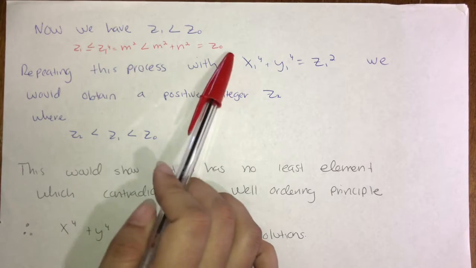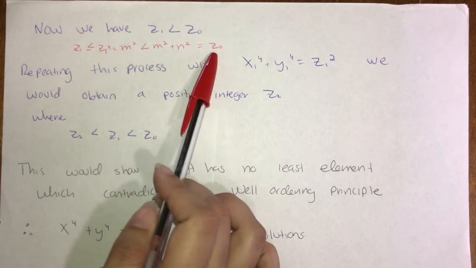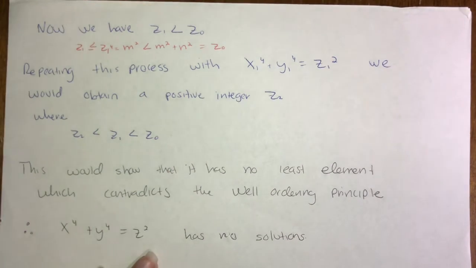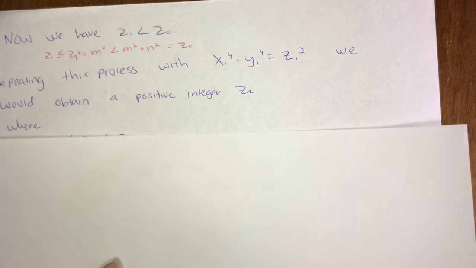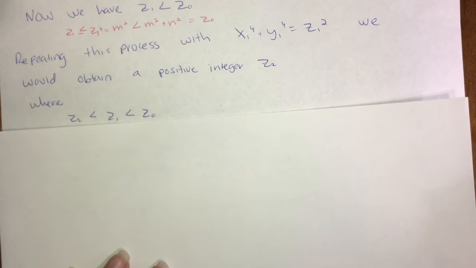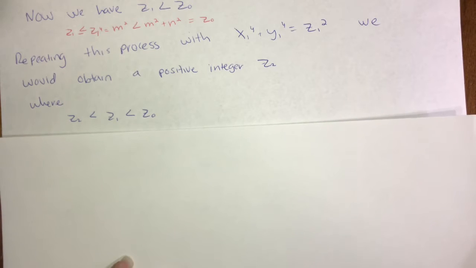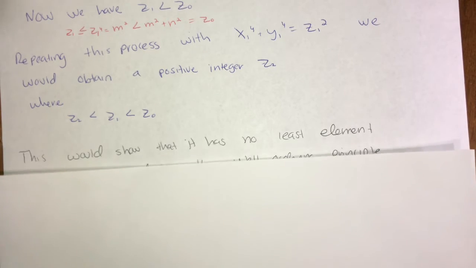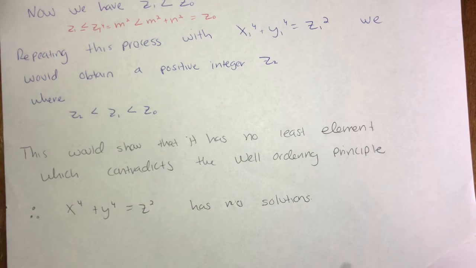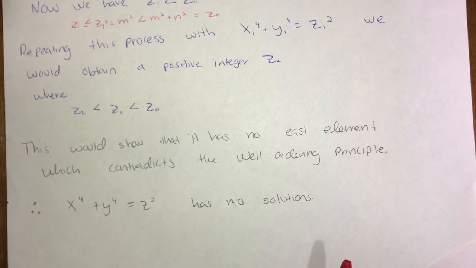Because of this explanation right here, and you can verify this for yourself. If we repeat this process with a Diophantine equation, we would obtain a positive integer c sub 2, where c sub 2 is less than c sub 1, which is less than c sub 0. This would show that it has no least element, which will contradict the well-ordering principle.